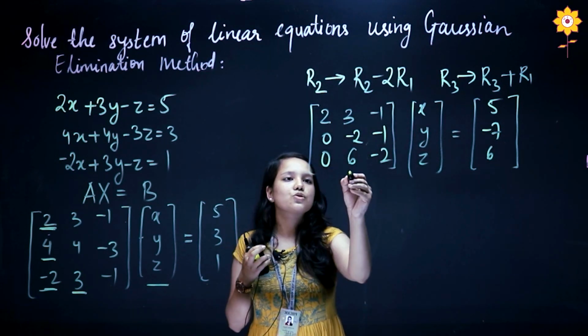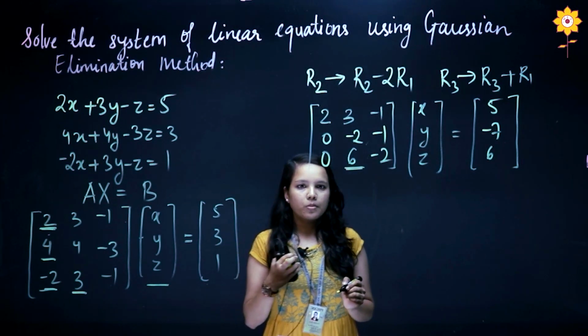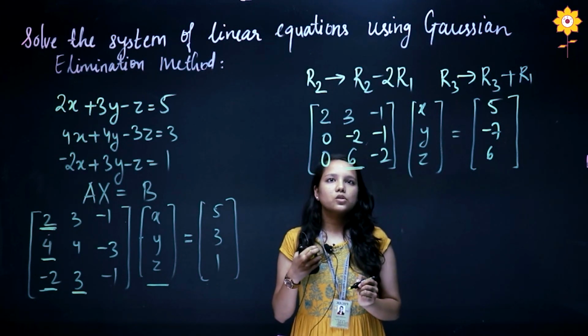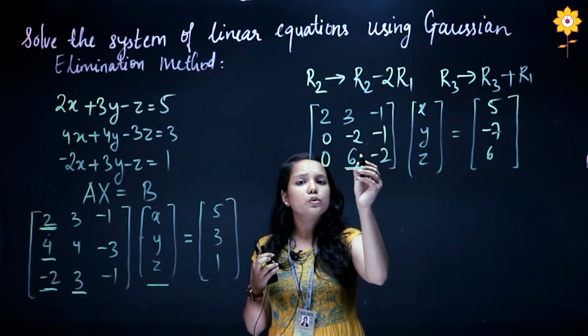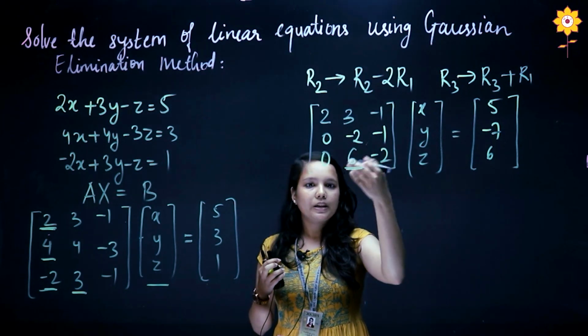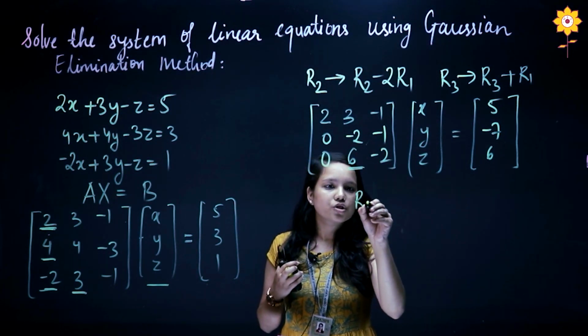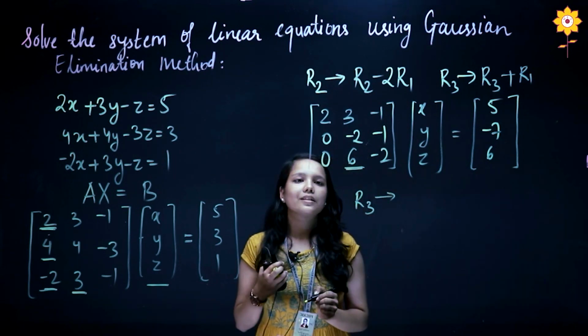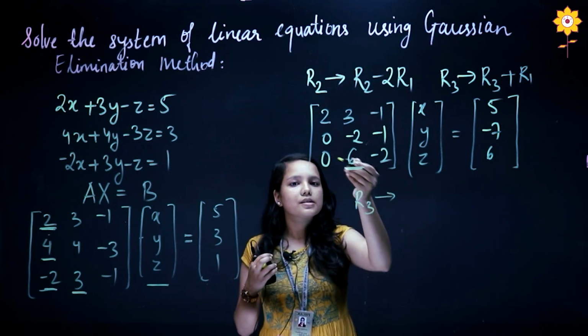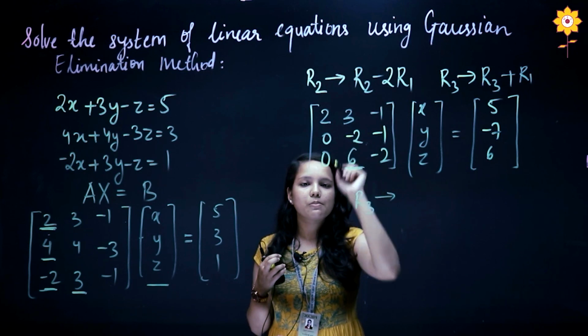Now the next step is to make this as 0. How will I make this 0? Again the same thing, I'll use the second row. To make the third row 0, I am going to use the second row. R3 will change to, now see how this 6 will become 0 by using minus 2.